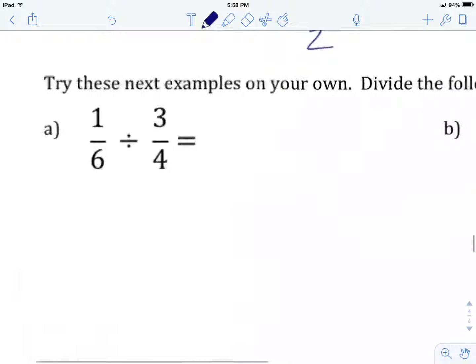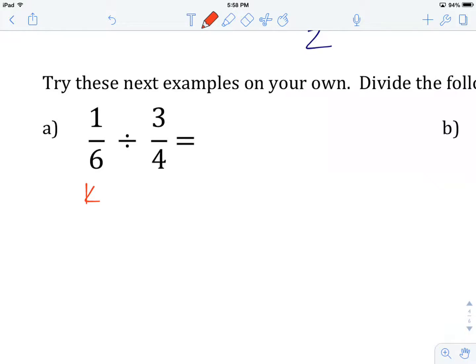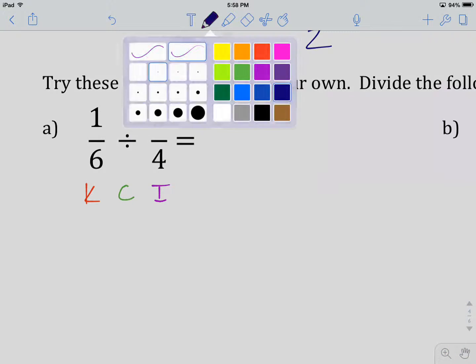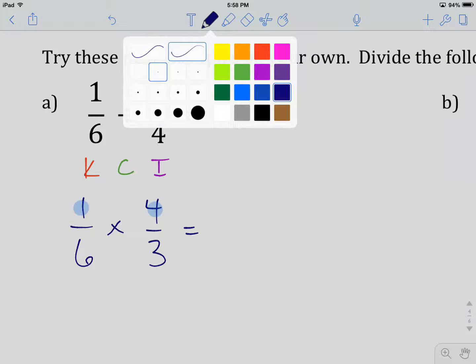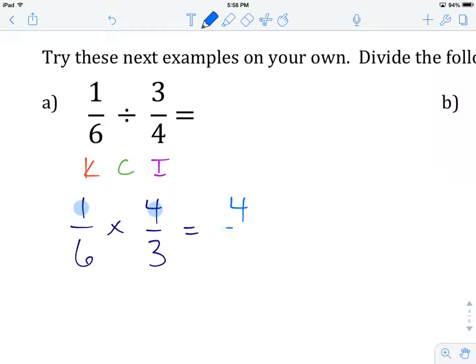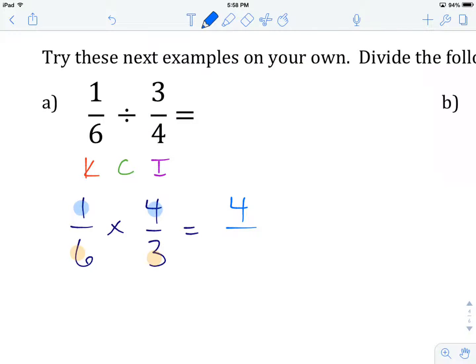We have 1/6 divided by 3/4. We are going to keep the first fraction, change division to multiplication, and invert the second fraction. So let's do that now. 1/6 times 4/3 equals. From here, just like multiplying regular old fractions, 1 times 4 will give you 4, over 6 times 3 will give you 18.